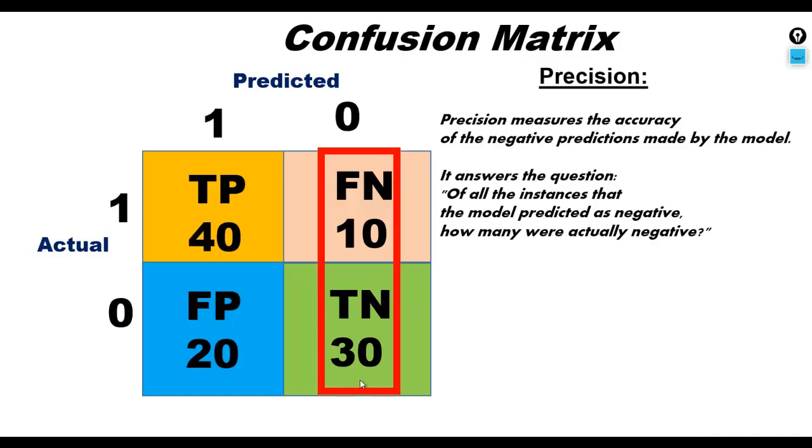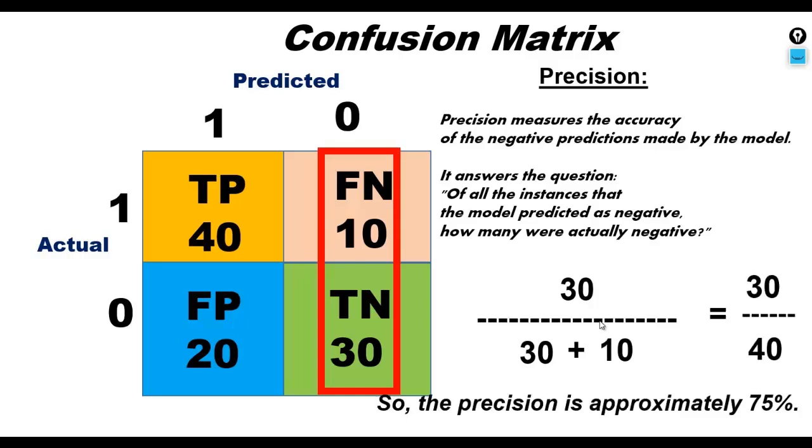So these instances, 30, are correctly predicted out of all the predicted instances for negative class. So we can calculate precision of negative class like this: 30 divided by 30 plus 10, so 30 divided by 40. So the precision for negative class is approximately 75%.